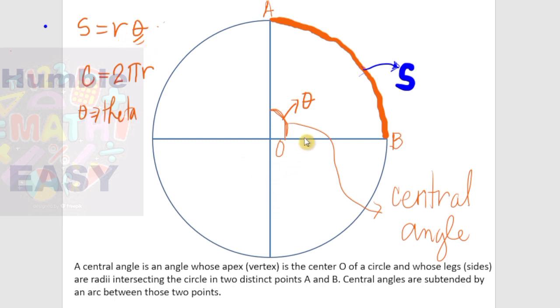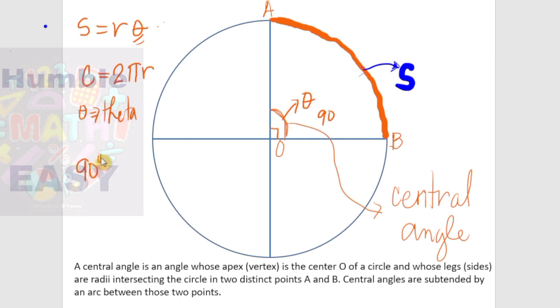Then consider a circle that is divided into 4 equal parts. The theta here is a 90-degree angle, because as you can see, this is 90 degrees. So the theta itself is 90 degrees.